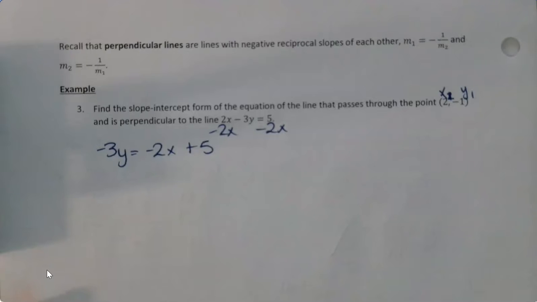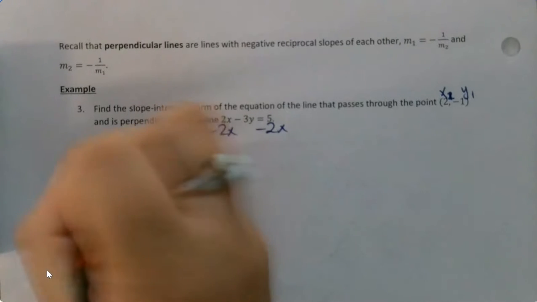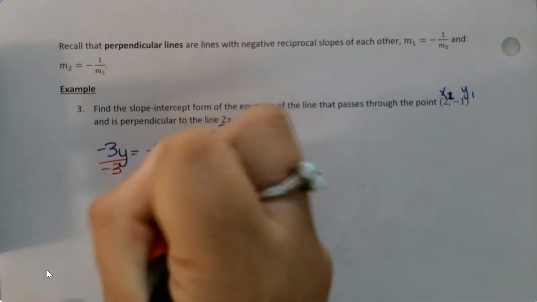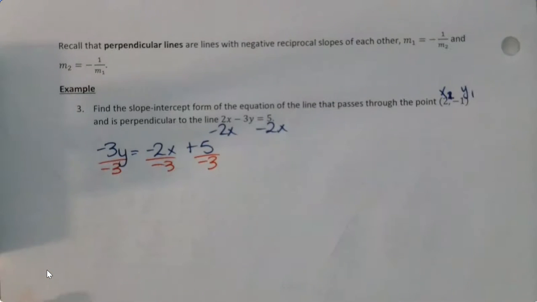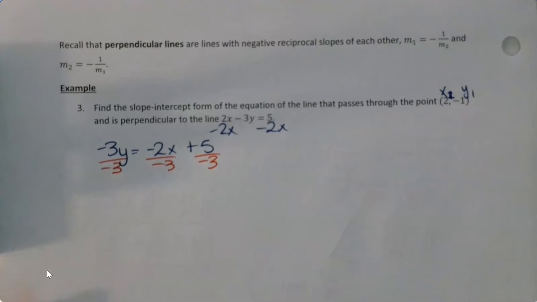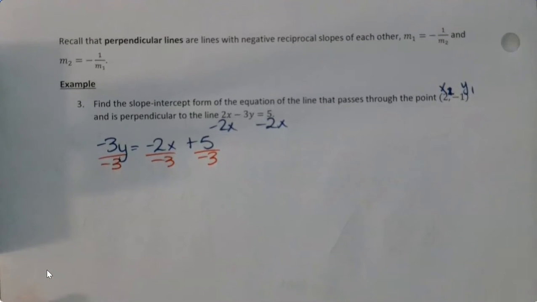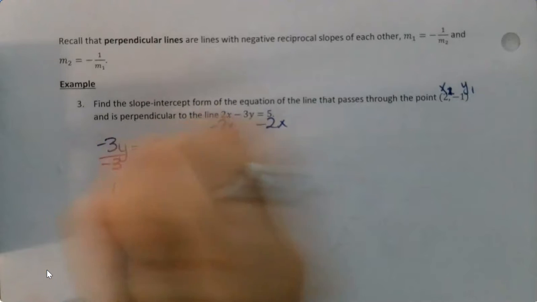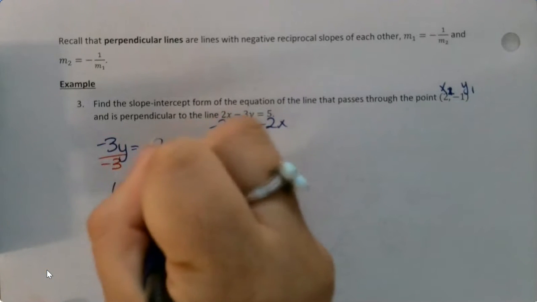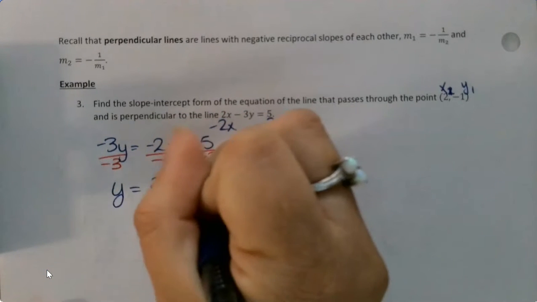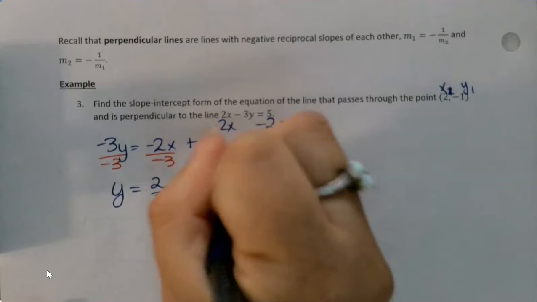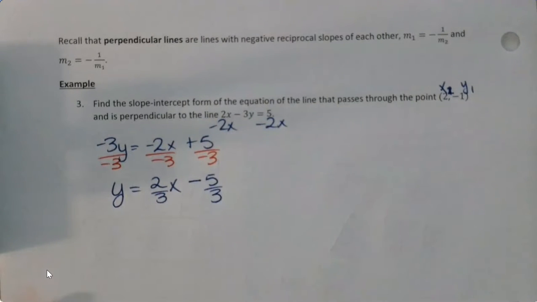Then I want to divide everything by negative 3. So it's going to give me y equals 2/3 x. Yep, I'm going to write it as negative 5/3 though.